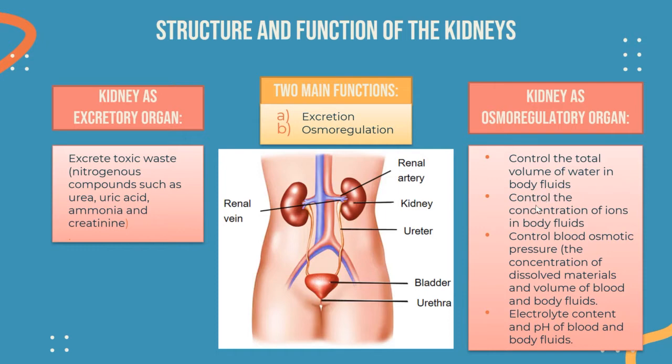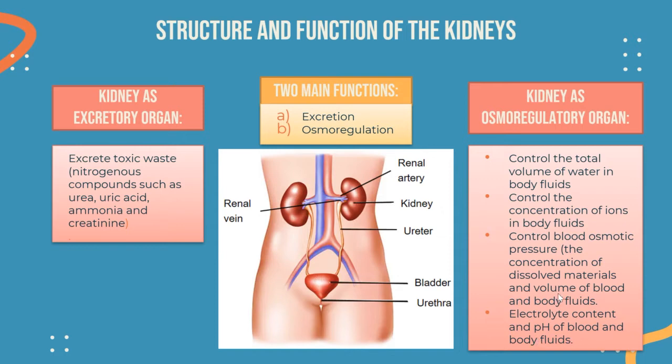It also controls the concentration of ions in body fluid, and also controls the blood osmotic pressure. Blood osmotic pressure refers to the concentration of dissolved materials and volume of blood and body fluids, electrolyte content, and pH of blood and body fluid.